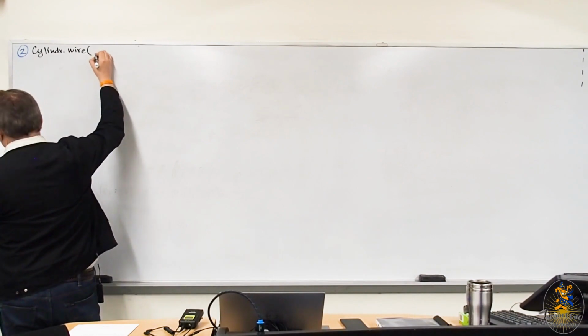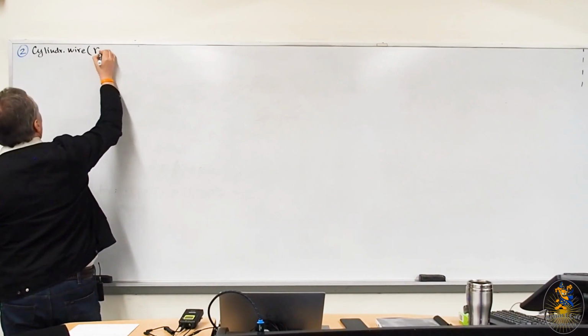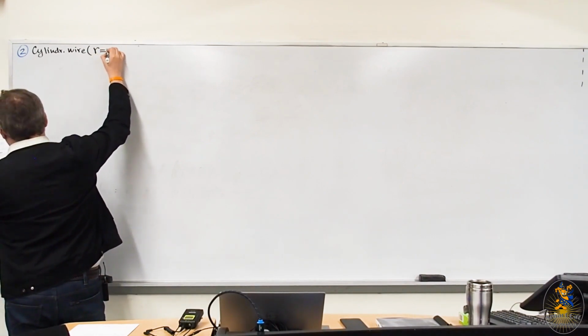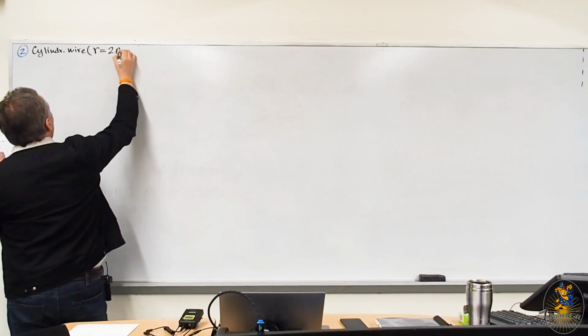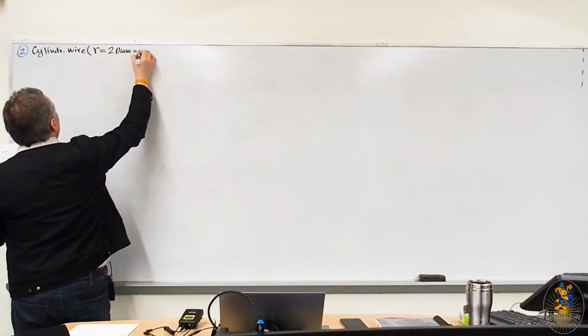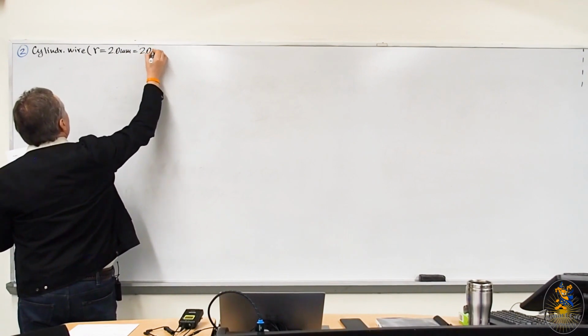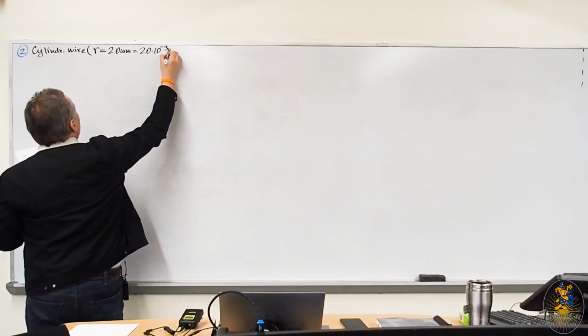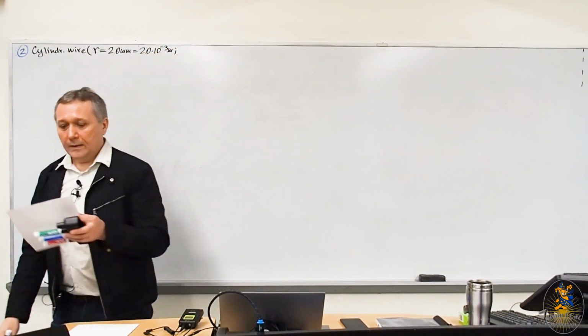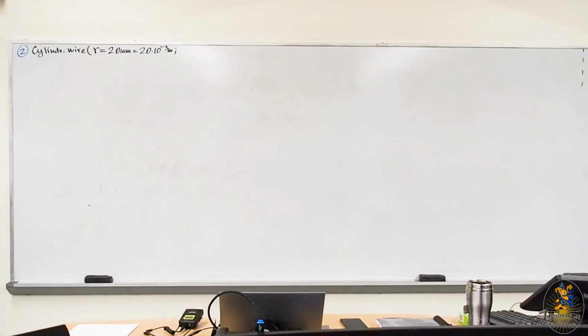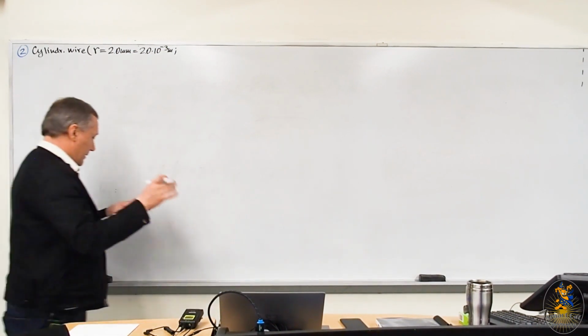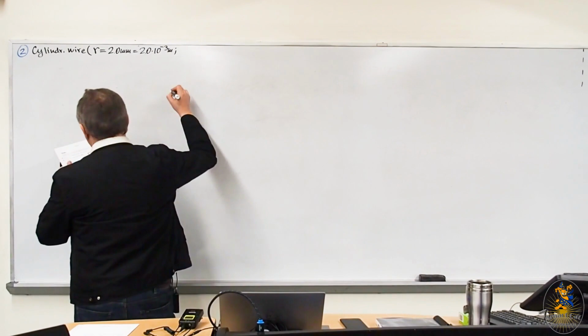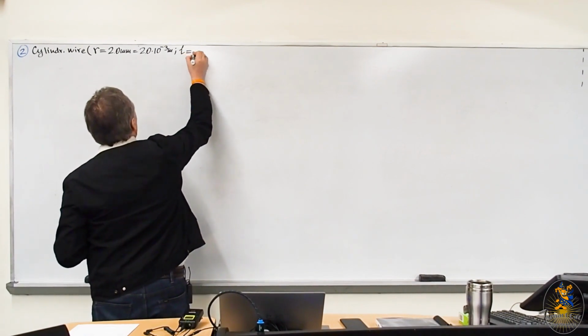Radius, I think I used small r. Radius is 2 millimeters. Let me convert immediately to meters. It will be 2 times 10 to the power of minus 3 meters. Then length. Length is 46 meters.